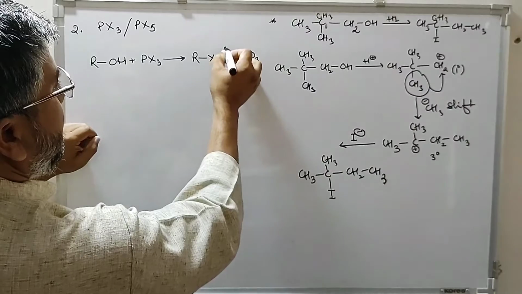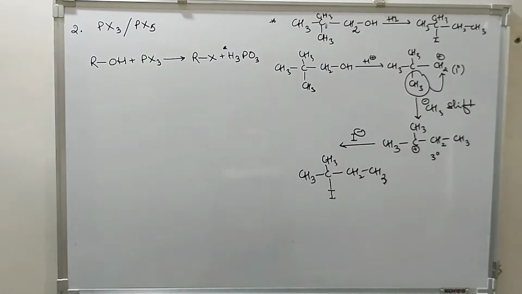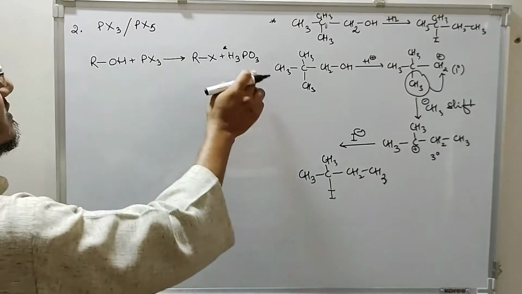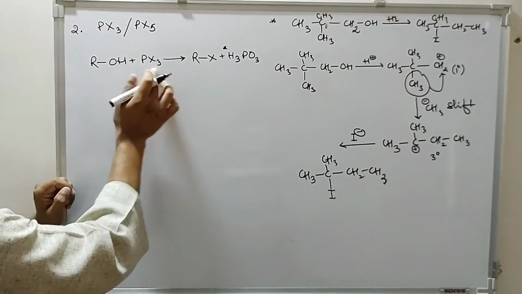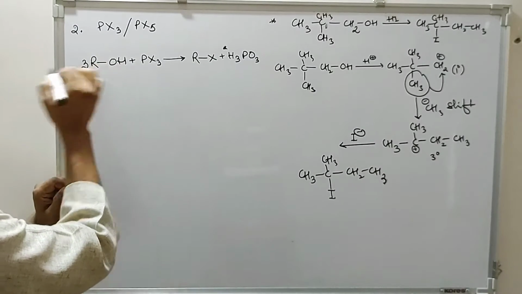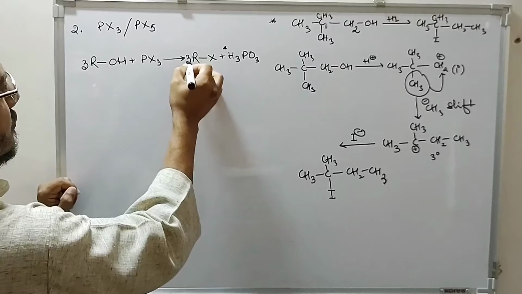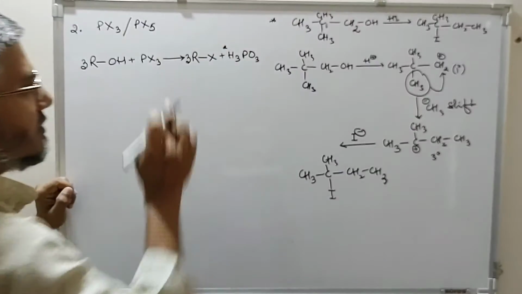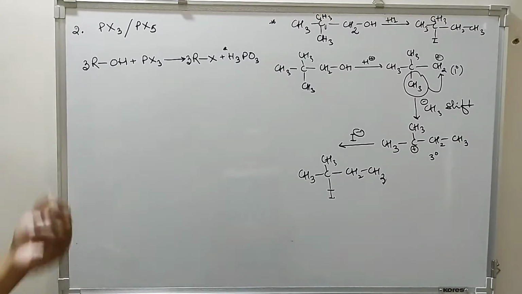Please focus on this side product, phosphorus acid is formed. To balance this reaction, 1 mole of PX3 combines with 3 moles of alcohol to give you 3 moles of alkyl halide, and 1 mole of phosphorus acid is formed.